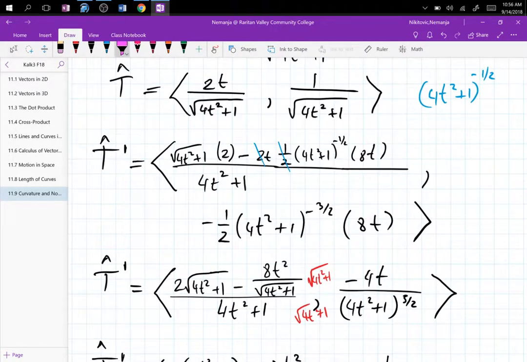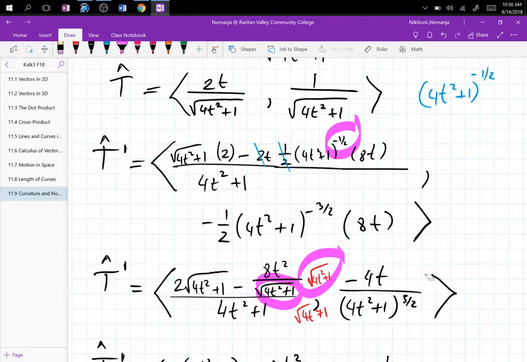Yeah, because it was negative 1/2. Negative 1/2 is the division. So this negative 1/2 created this square root in the denominator, which warranted multiplication by the square root to kill it. We don't want a double fraction.